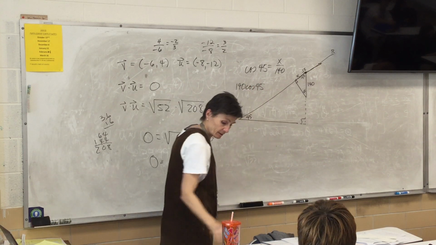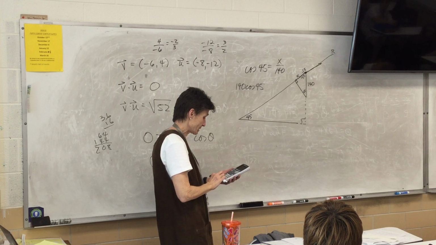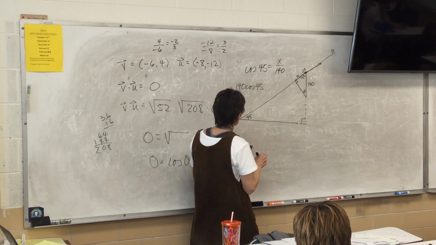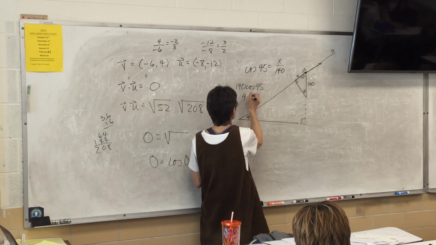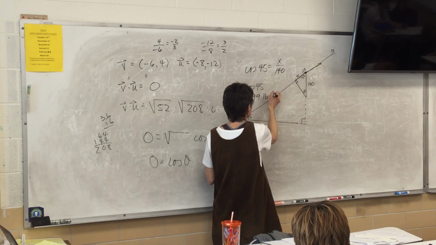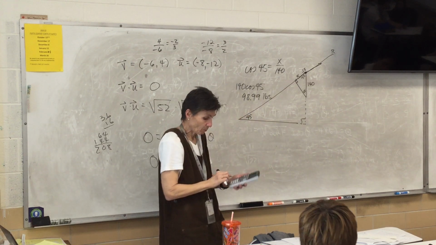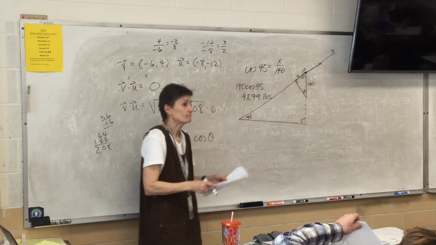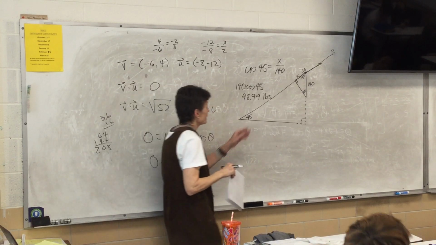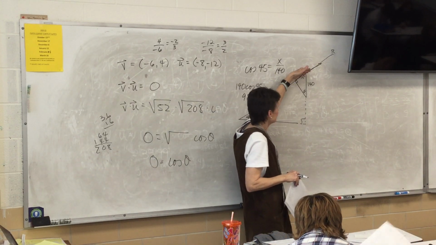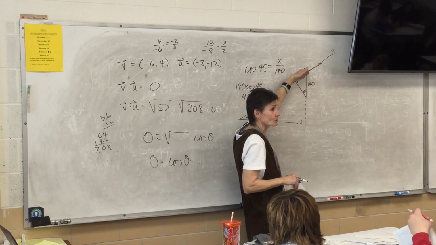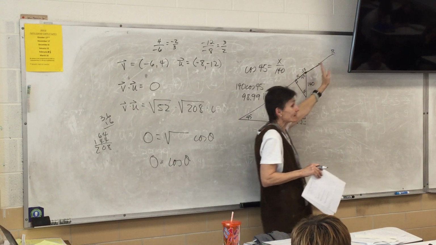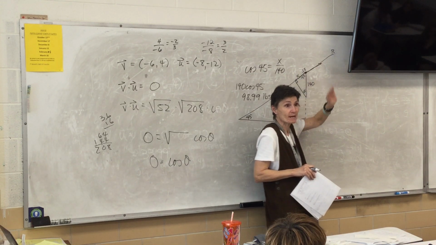Well, I could do that exactly since it's a 45, or I could type it in on my calculator. 98.99 pounds of force. She's exerting 98.99 pounds of force. So to keep him from moving, she has to be pulling with the same amount of force in the other direction.